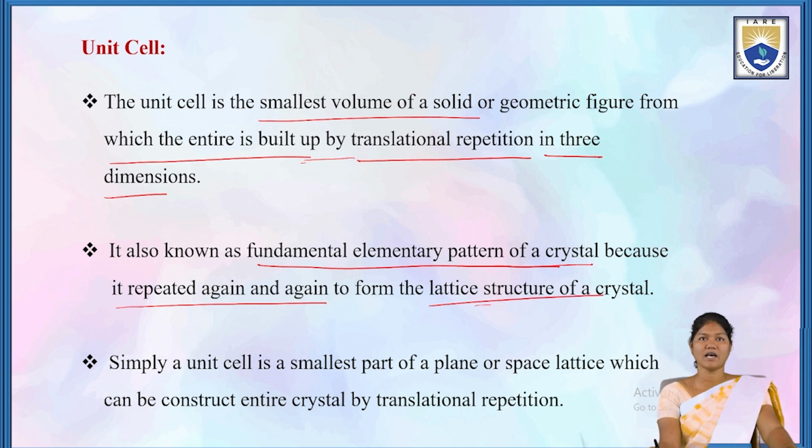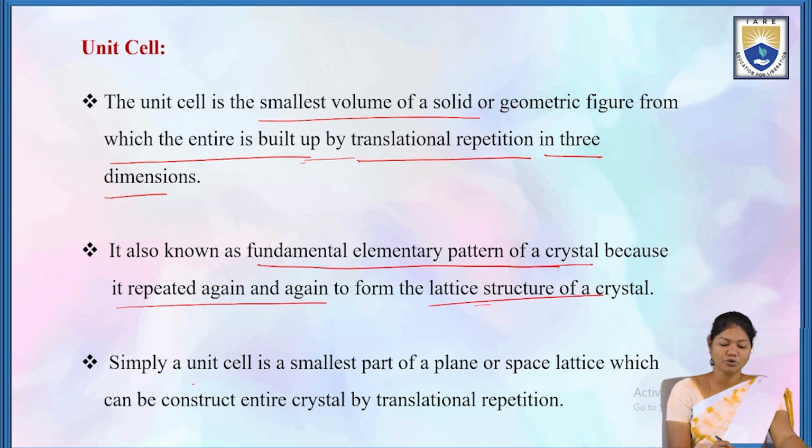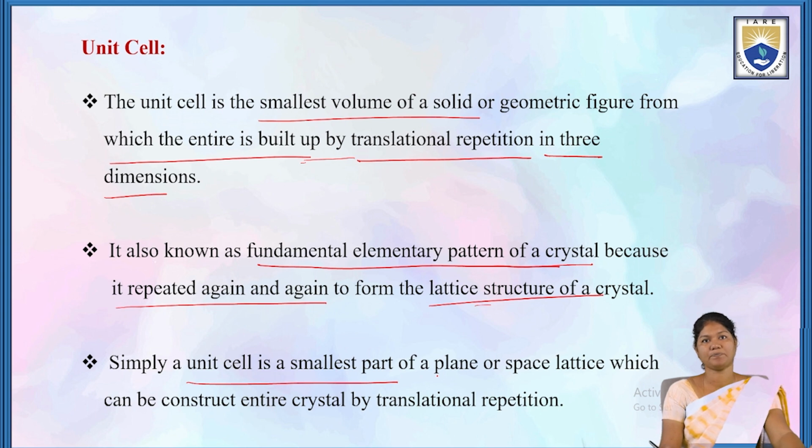Simply, a unit cell is the smallest part of a plane or space from which the entire crystal can be constructed by translational repetition.